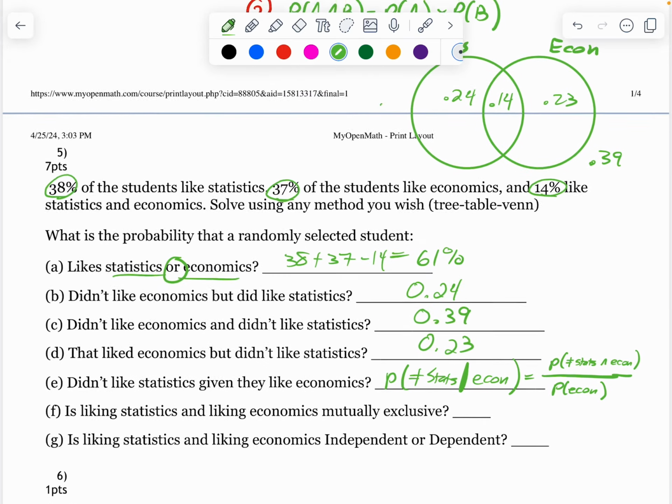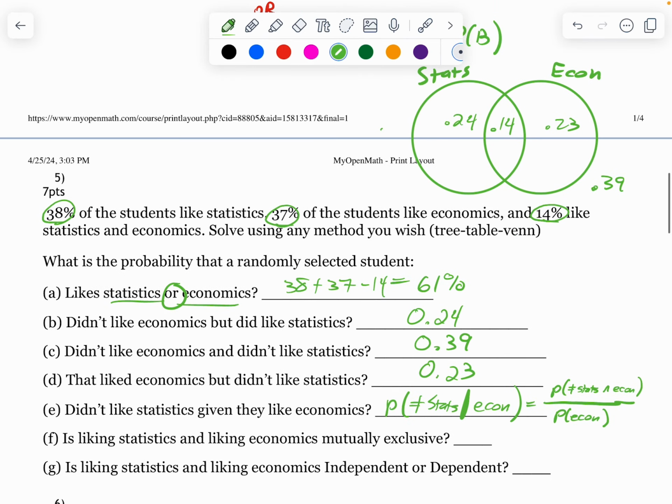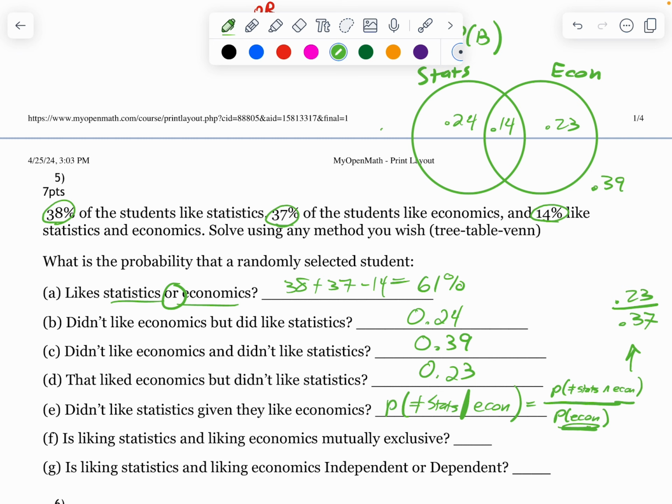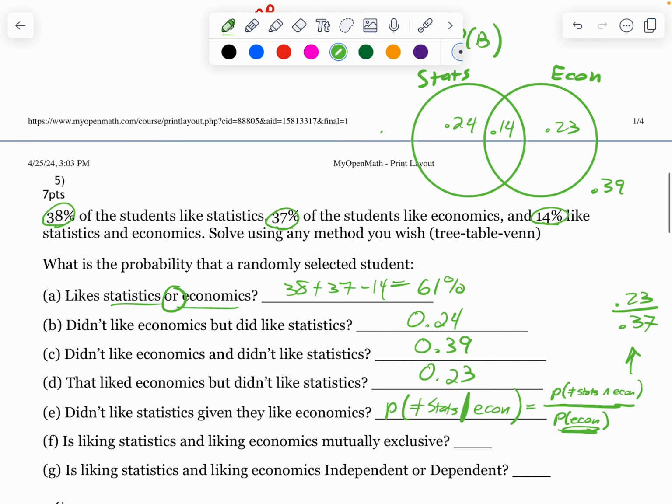So the numerator, where are the people that don't like stats and they like econ? That's right here. That's 23%. So that's my numerator. My denominator is the probability of just econ by itself, which is the whole econ circle, or it's also right here. It's 37%. And then you divide that and write your decimal accordingly.